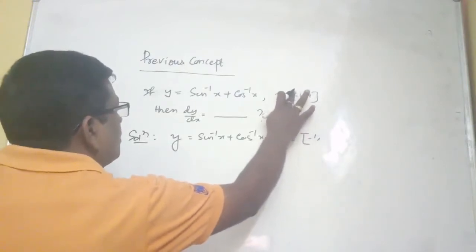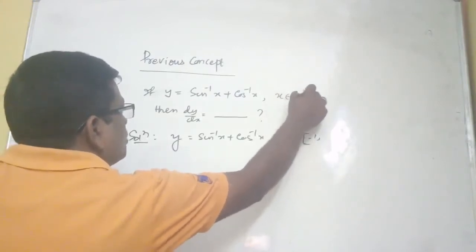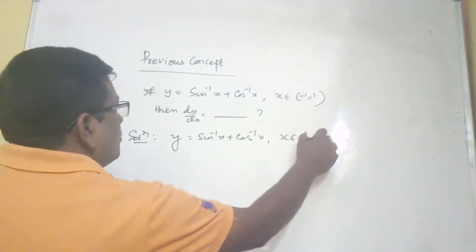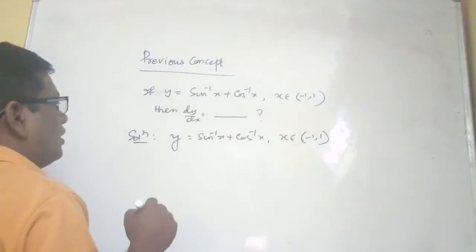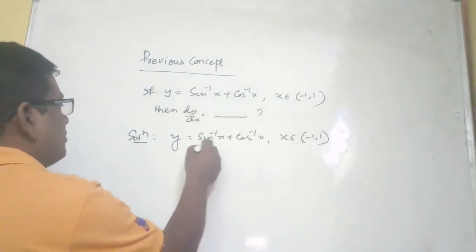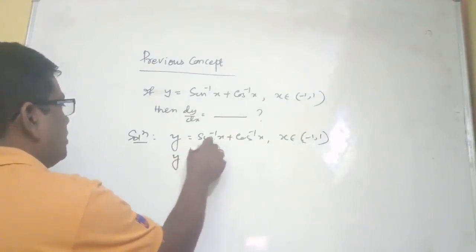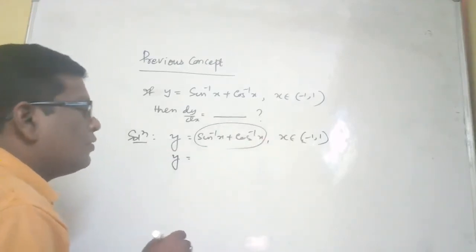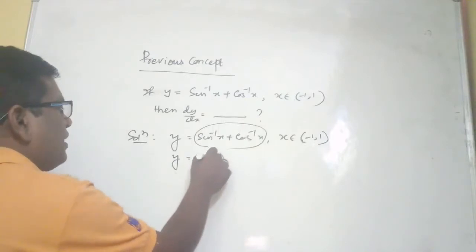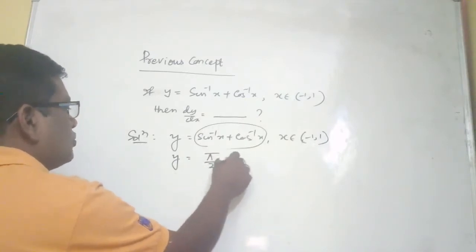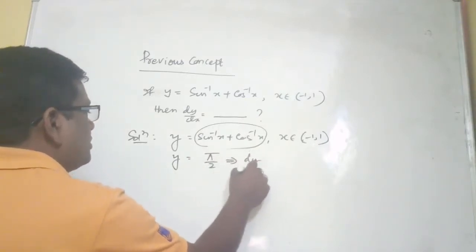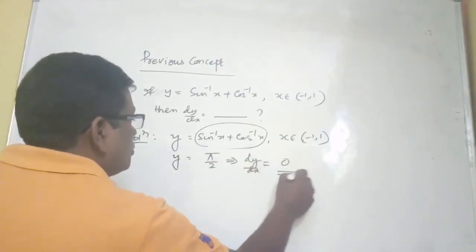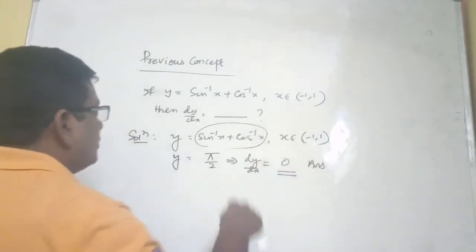If x lies between -1 to +1, what is its value? The value is pi by 2. So dy by dx is equal to what? The derivative of a constant is equal to 0. This is the answer.